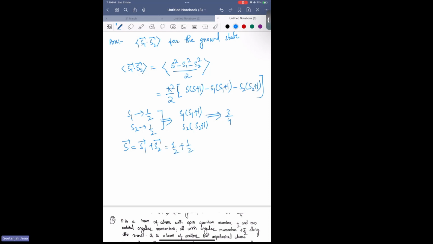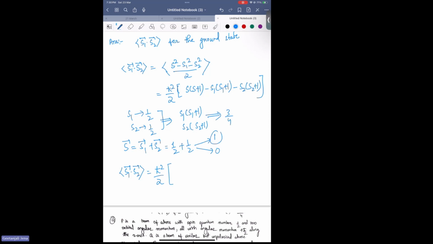If you take the vector sum, you will get either 1 or 0. So S1 dot S2 is h cut square by 2 times the bracket.